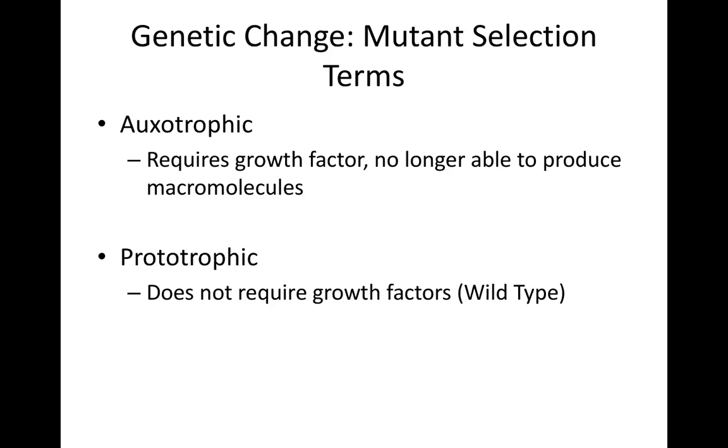So basically, without the addition of an essential amino acid potentially, or some certain type of fat or something like that, these bacteria won't grow. So auxotroph is just a fancy word in this case for a mutant that we're studying. A prototroph does not require any additional growth factors than are present in the media. So typically we refer to these as our wild type. Okay, so you'll see those terms come up a little bit later. I just wanted to lay the groundwork right there.